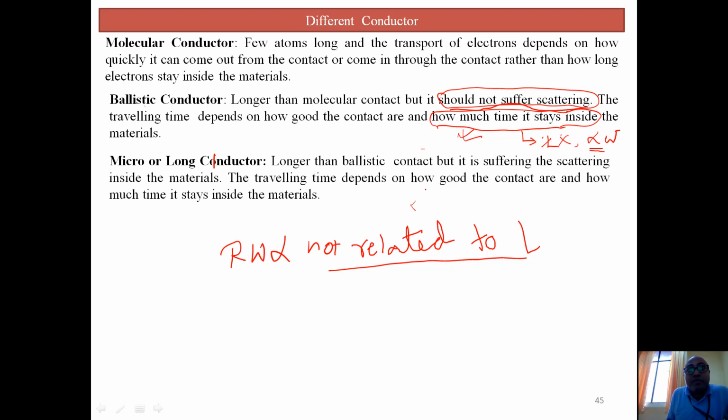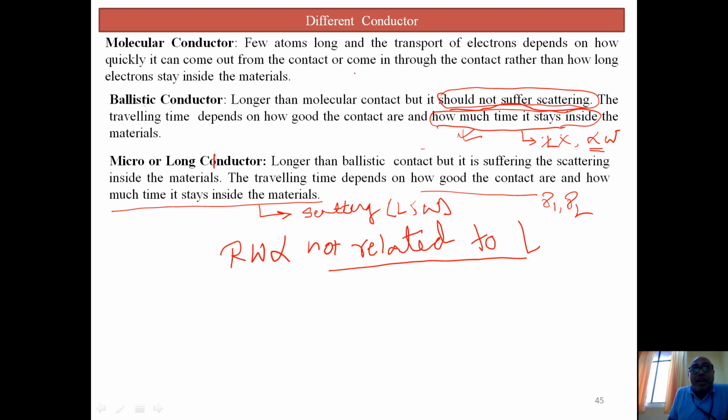If you say the traveling time depends on how good the contact is, meaning how easily it can come in and come out, like gamma 1 and gamma 2, similarly how much time it stays inside the material, in the scattering case, depends on both length and W. But in ballistic conduction, it depends only on W.